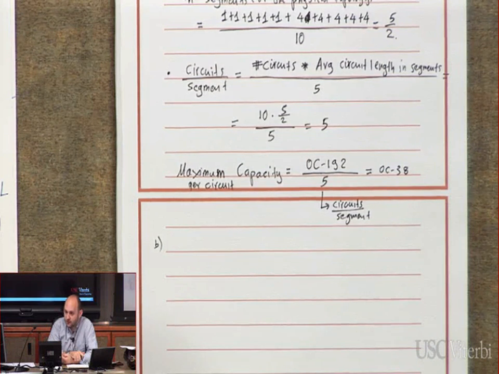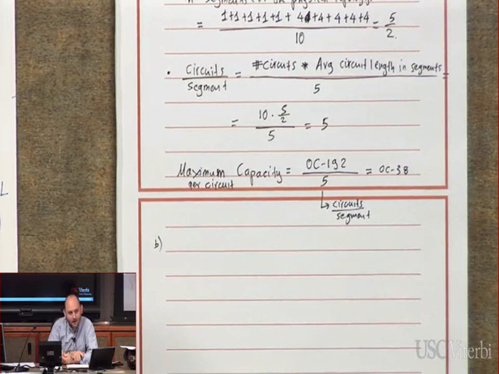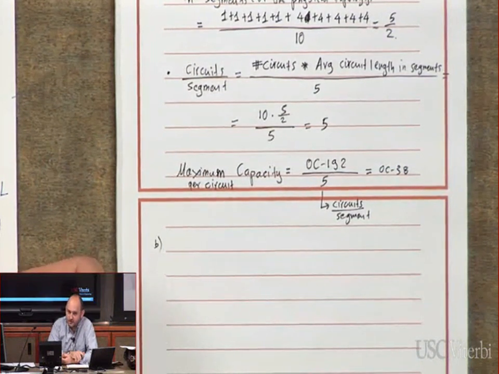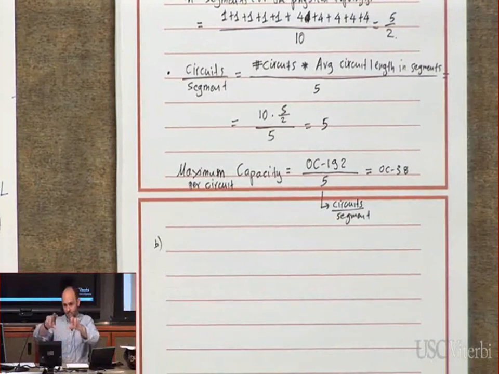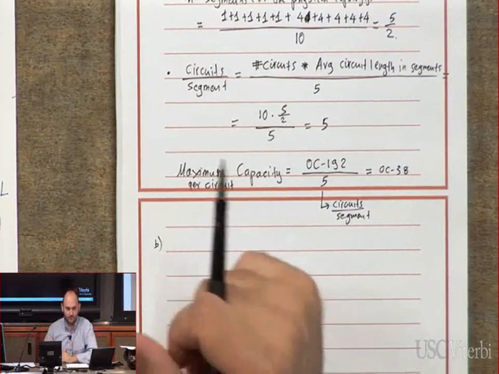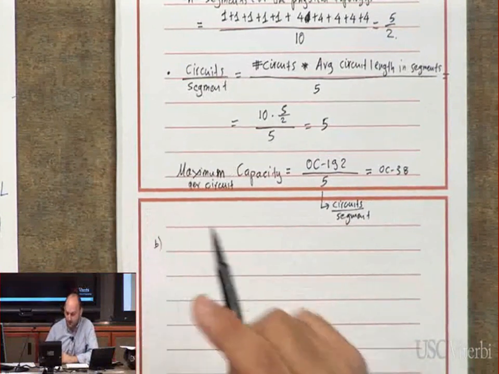Now, to find how many customers we have in each system, we need to find the average hop count, as we did in the previous discussion, if you remember. Average hop count, and then we find how many packets on average there are in the system. Let's do that.